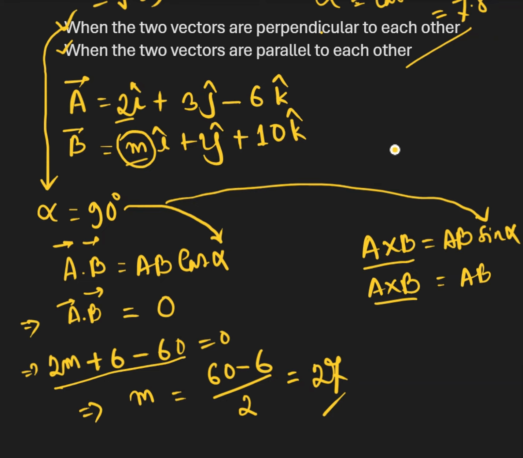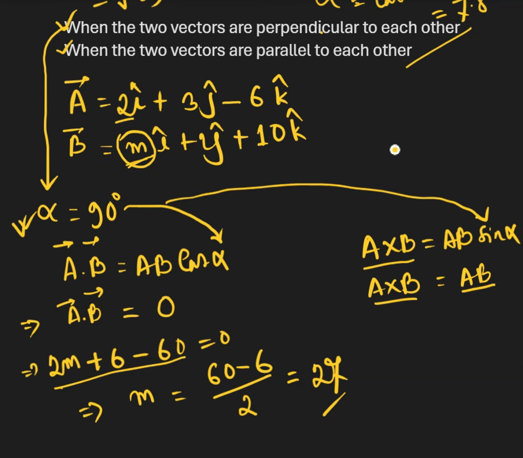And a dot b will also have an equation, because here one coefficient is missing. Instead of that coefficient, one variable m is here, so there will be another equation. Solving this will be more hectic. Rather, we use this when it's perpendicular.